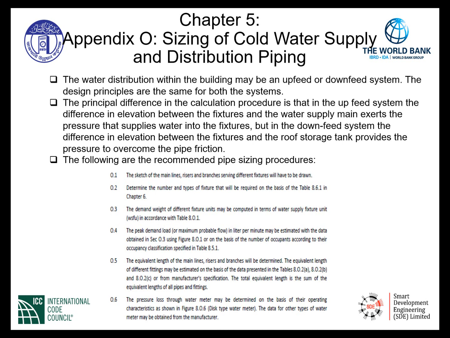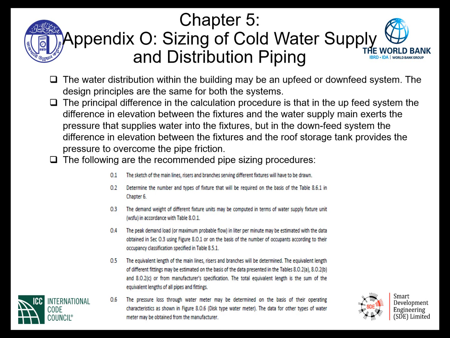Table 8.0.2a, Table 8.0.2b, and Table 8.0.2c, or from manufacturer's specification. The total equivalent length is the sum of the equivalent lengths of all pipes and fittings. We need this to determine the pressure losses, not only in the pipe, but also the pipe fittings.